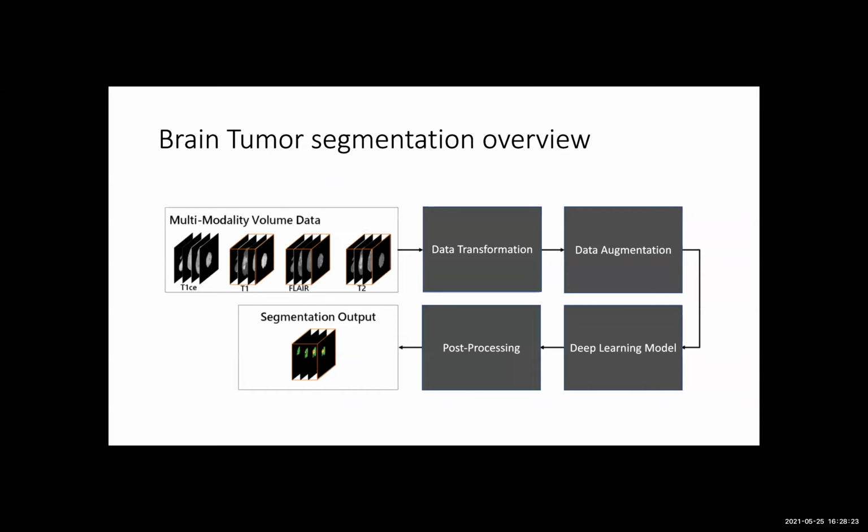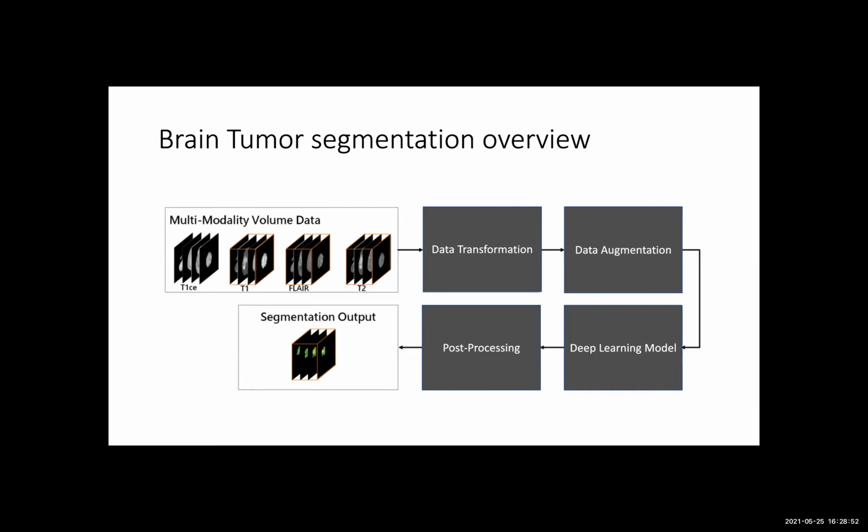Overall, for this kind of task, the state-of-the-art solutions usually have this kind of pipeline. First of all, they stack the images from all four modalities into one input, and put it into data transformation.